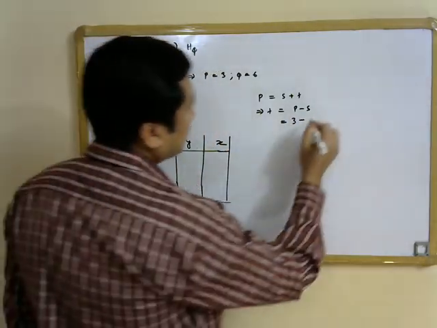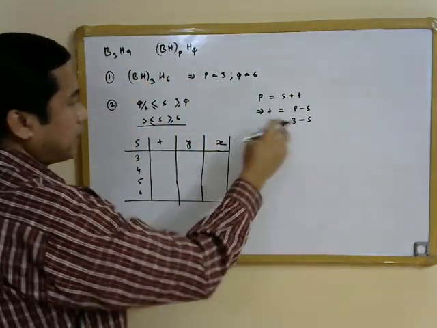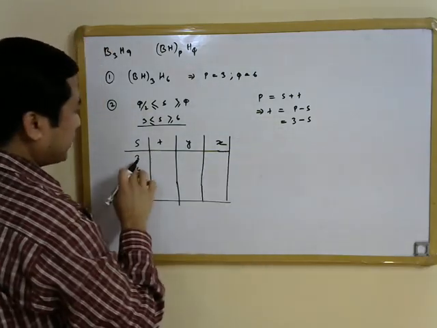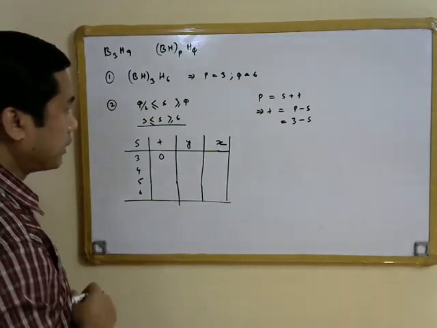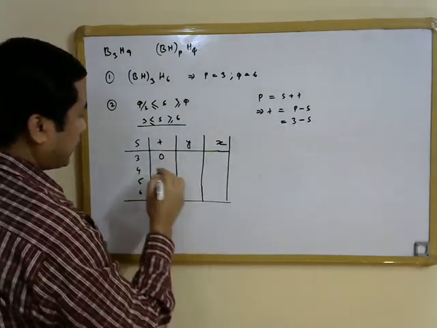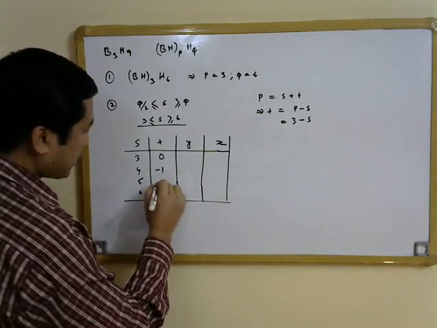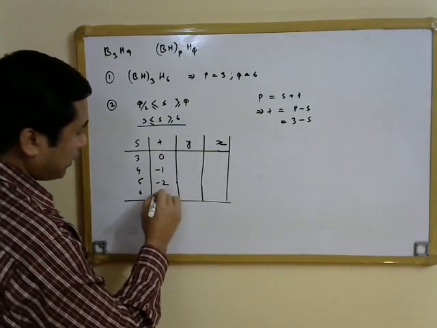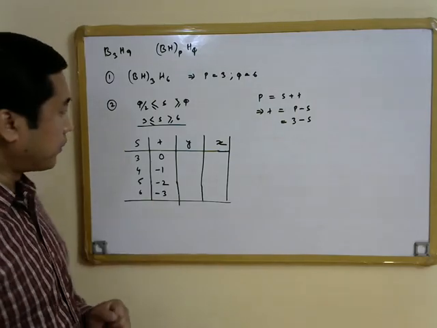So T must be equal to 3 minus S. For different values of S we can write the values of T. When S is equal to 3, 3 minus 3 is equal to 0, so T is going to be equal to 0. When S is equal to 4, T is going to be minus 1. When S is equal to 5, T is going to be minus 2. And when S is equal to 6, T is going to be equal to minus 3.